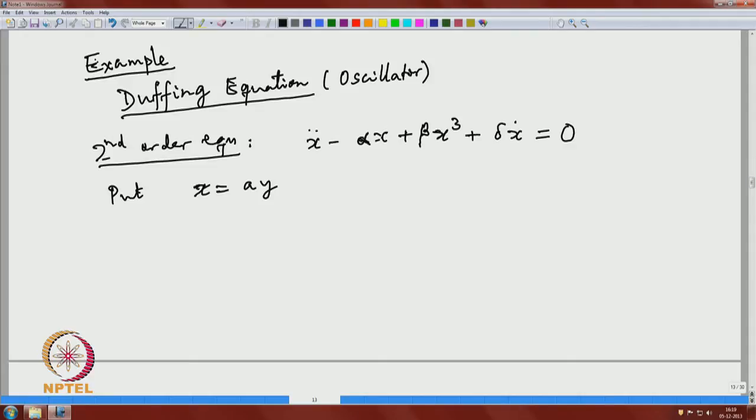Okay. So, if you substitute this x equal to a y, now y is a new unknown function. So, the first term will be a y double dot, a is a constant, minus alpha a y plus beta a cubed y cube plus delta a y dot.